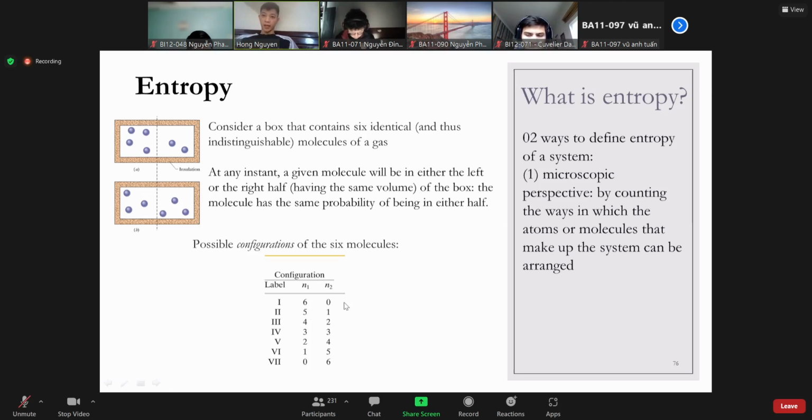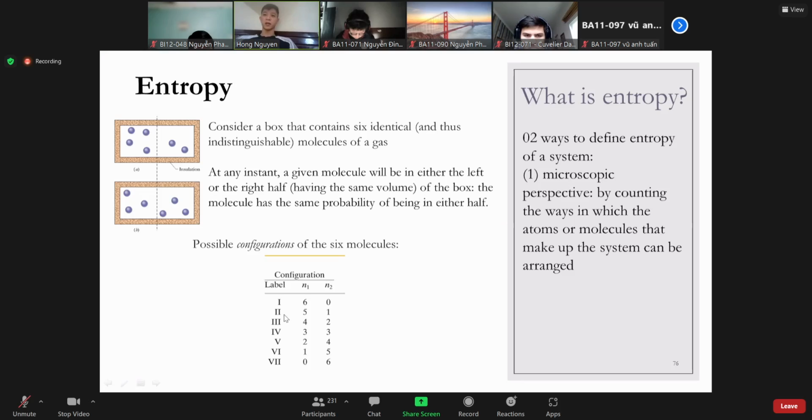Number 1 and number 7 are similar: the situation where 6 molecules are found all in the right half or all in the left half. You see the 6, 0.